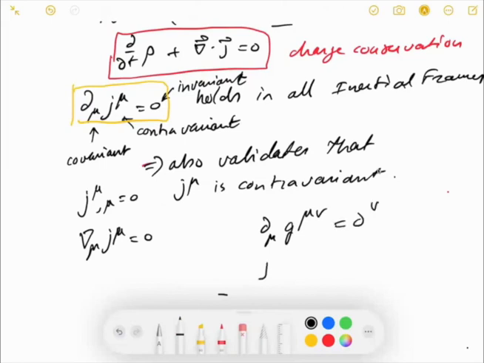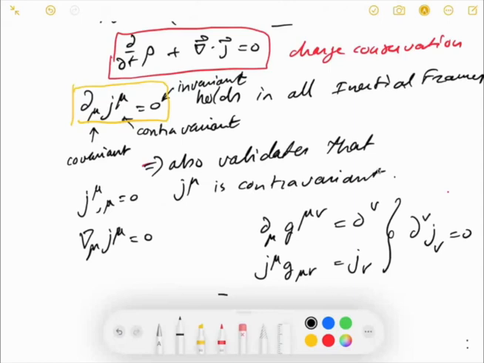And we could do the same thing with a J mu and bring it down with the metric tensor. And then you get a J lower mu nu. And then you can write this as del mu, J nu, oops, sorry, J nu. And it would still be 0 because it's still an invariant.